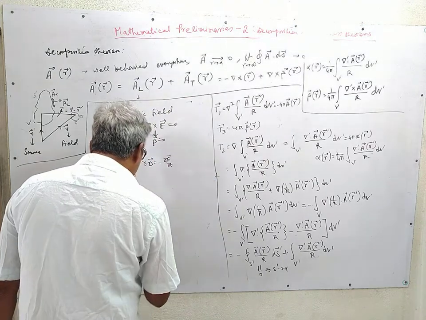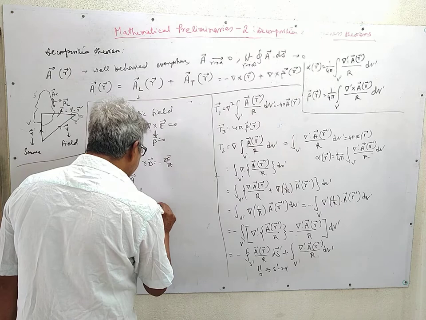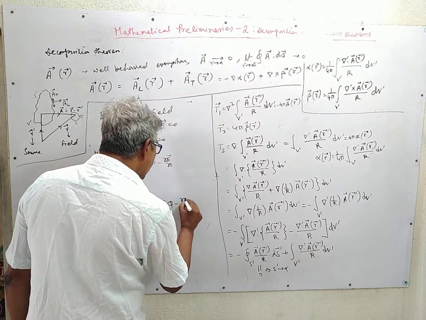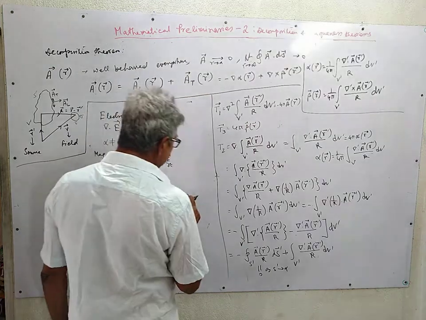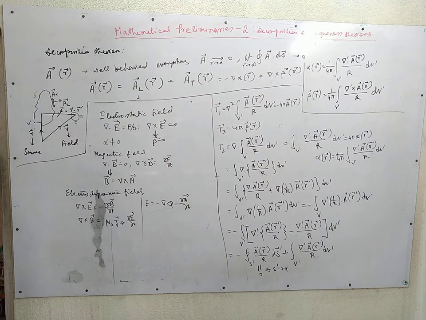In fact, for electromagnetic field, electrodynamic field, E can be written as minus grad phi minus del A del T, where this is the scalar potential and this is the vector potential. So this is all about the decomposition theorem. In the next class we shall start uniqueness theorem.